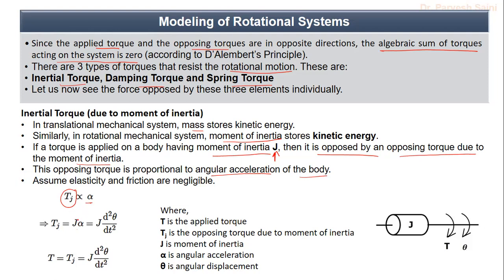So Tj is J alpha, where J is the moment of inertia and alpha is the angular acceleration, which is the second derivative of the angular displacement. So we have replaced alpha with d square theta by dt square, and T is the applied torque, Tj is the opposing torque. As per D'Alembert's law, T minus Tj is 0, so T is equal to Tj, right? This is the equation for one element of the rotational systems.